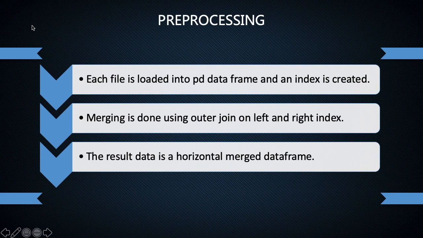That final merged data frame is a horizontal merged data frame containing 6060 columns and 3030 rows. We also did additional verifications to ensure that each data frame contains an equal number of columns, that is 12 in our case. If we find any column is missing, then that column gets added to the data frame.